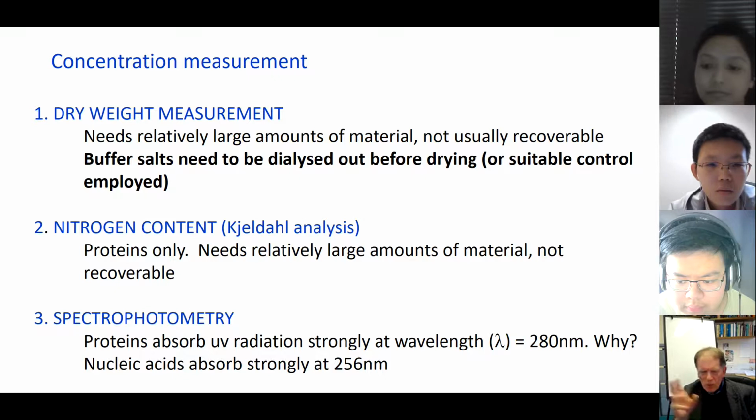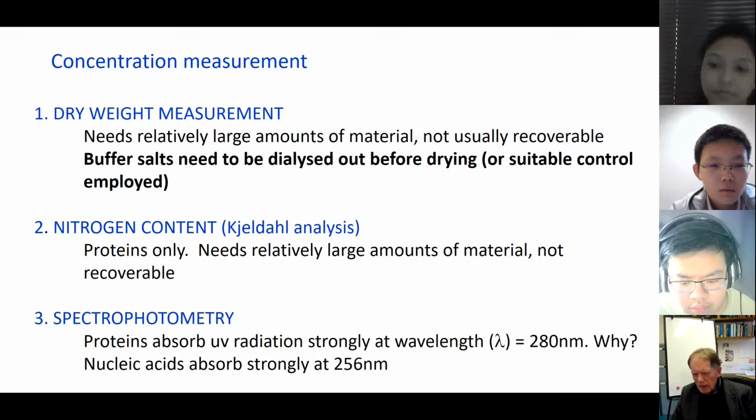Well, it's usually the ones with aromatic side chains coming off. Tyrosine and tryptophan have UV absorption maxima around 278 to 280 nanometers. There's also phenylalanine, but that absorbs at a slightly lower wavelength, around 256 nanometers.